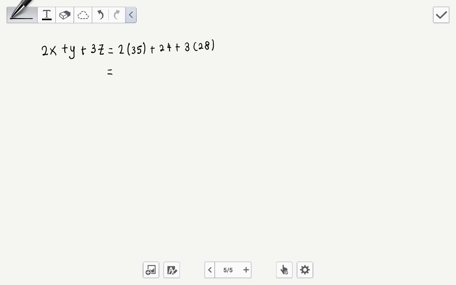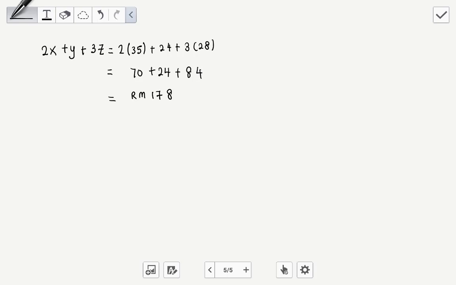So we will be getting 70 plus 24 plus 28 times 3, we will be getting 84. So we're going to sum up 70, 24 and 84. So altogether we will be getting 178. So the cost for Hassan to purchase 2 concert, 1 orchestra and 3 opera will be 178 ringgit.